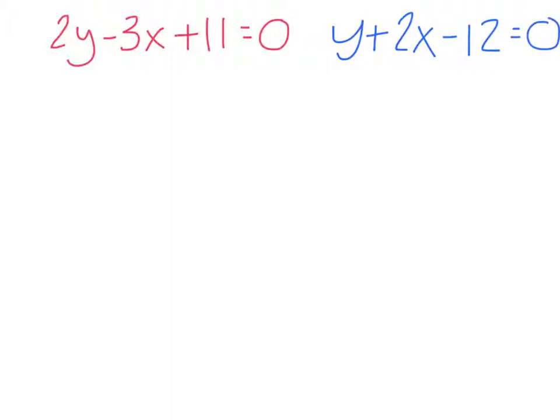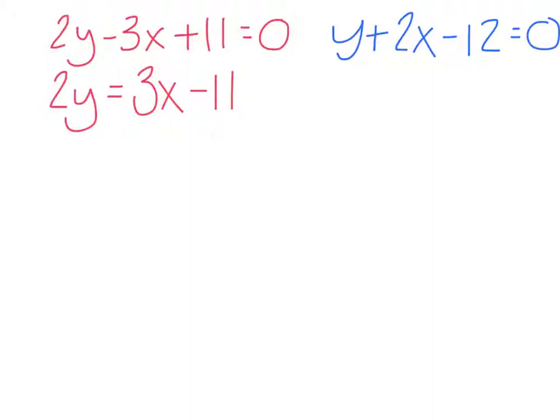So we're going to solve these simultaneously in order to find the point of intersection. We can do that if we first put them into the same form and make both equations equal to each other. So to go in that direction, we'll make this one 2y equals 3x minus 11, since -3x moves to the other side and becomes 3x, and plus 11 becomes minus 11.